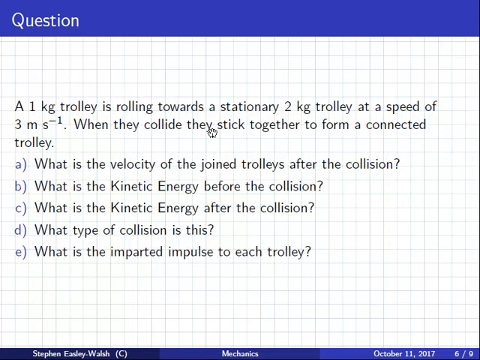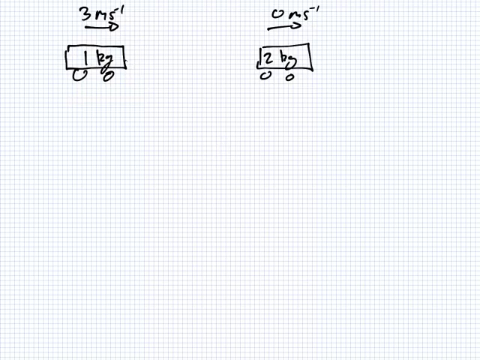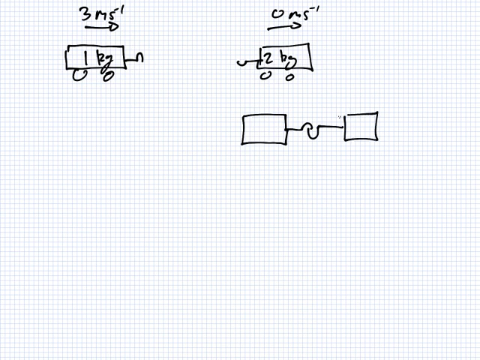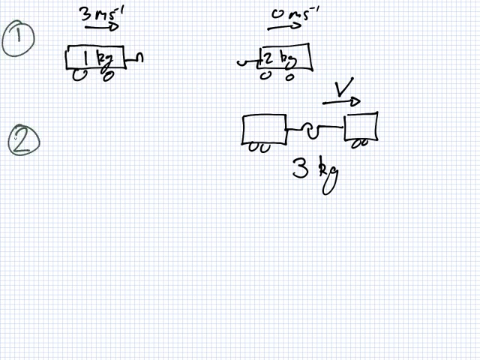When they collide, they stick together. So after the collision, they're like this. You can think about this as one trolley of 3 kilograms with a speed we don't know, I'll call it V. So this is the picture at the beginning, and this is the picture after the collision.